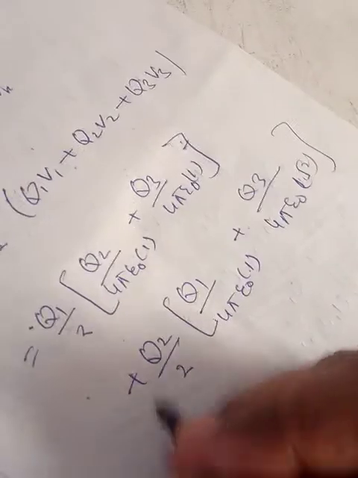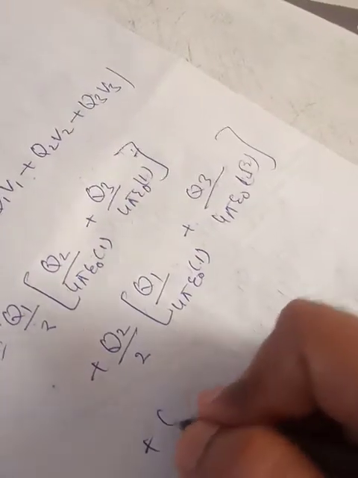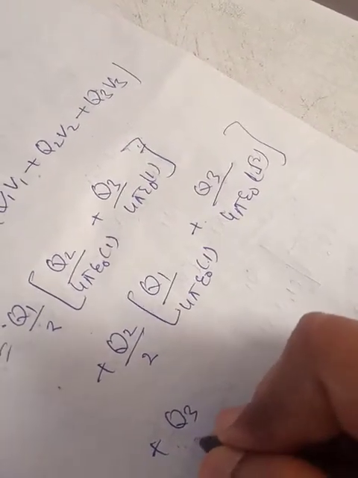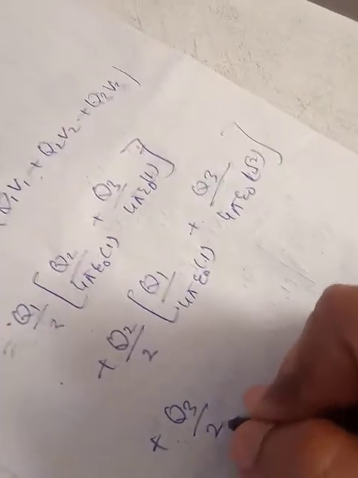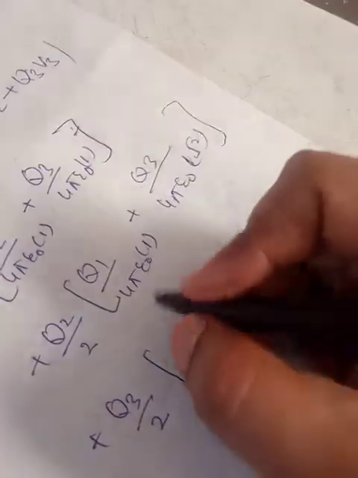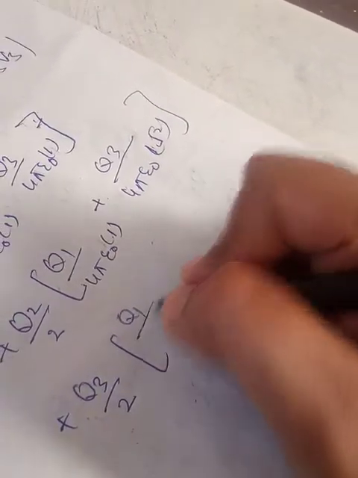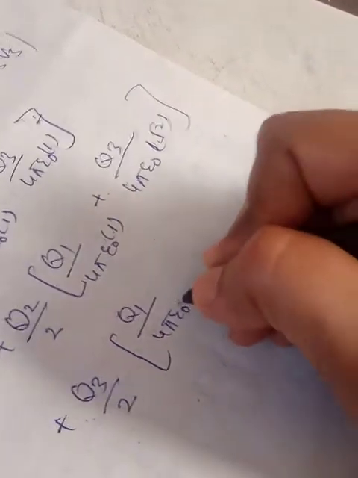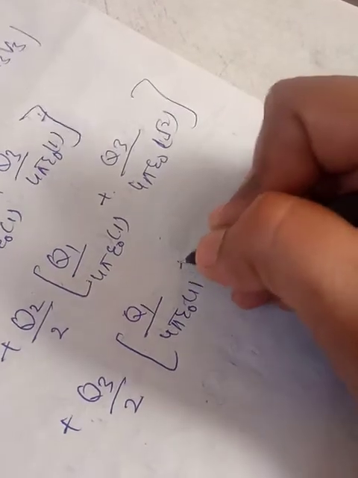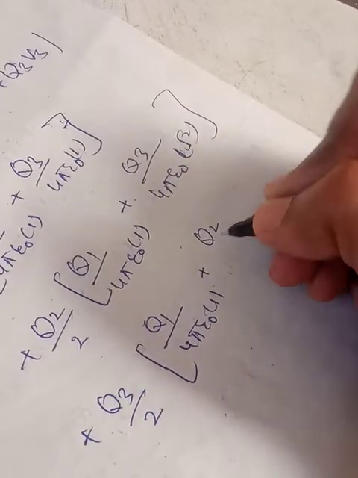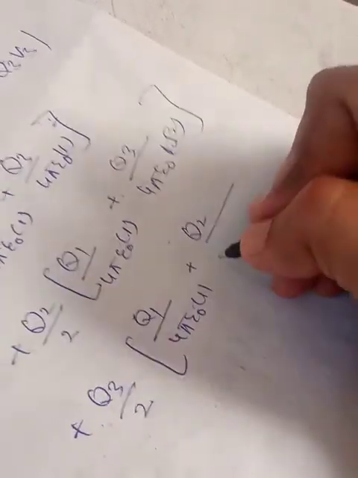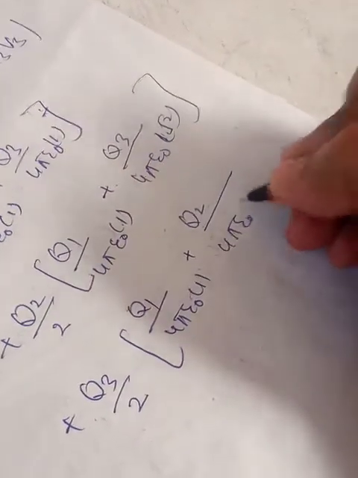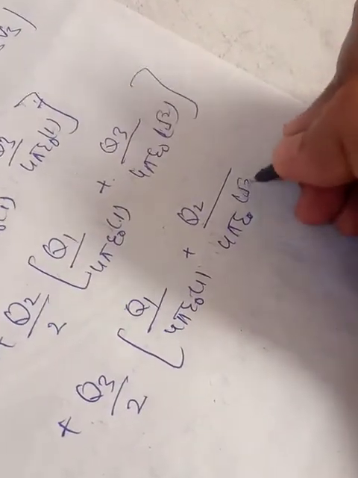Similarly, you can calculate for Q3, it will become Q3 upon 2 bracket Q1 upon 4 pi epsilon 0 times 1 plus Q2 upon 4 pi epsilon 0 bracket root 2.